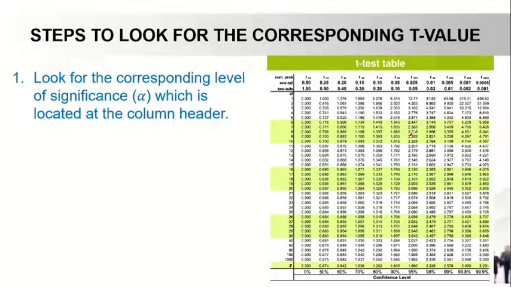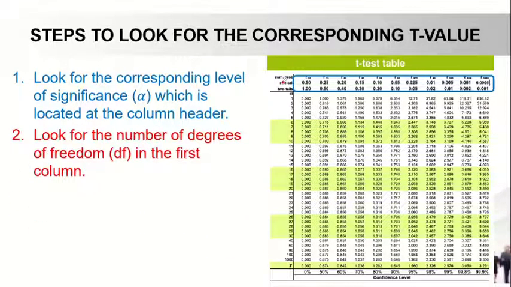Step 1, look at the corresponding level of significance which is located at the column header. Where is the header? Syempre dito. Here. Titingnan nyo rin kung ang sinasabi ba sa problem is 1 tail, 2 tail, mga ganun.